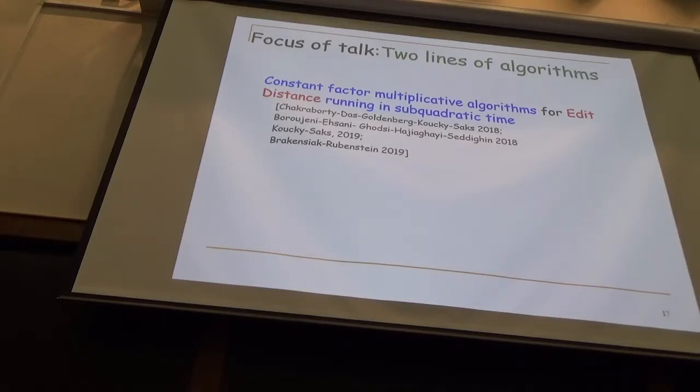And what we get is an n to the 1 plus epsilon algorithm for any epsilon, with the catch that the algorithm only gives you that when the edit distance is relatively large.